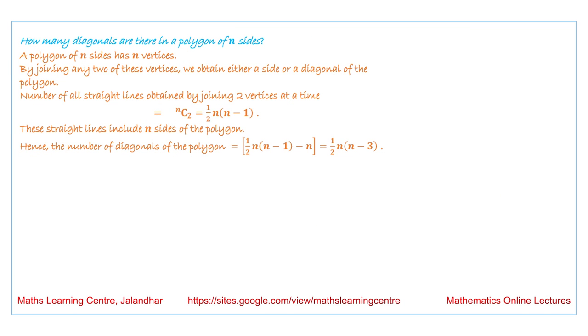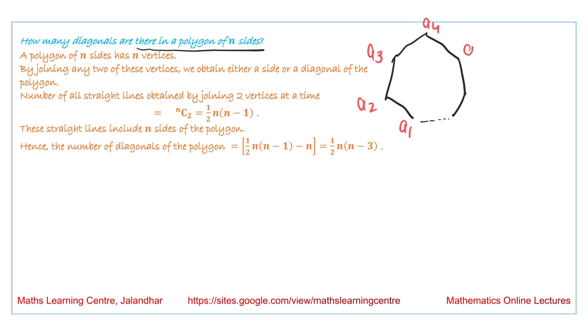Now the next question we have is, how many diagonals are there in a polygon of n sides? So suppose we are talking about a polygon in this way, and it has n sides. We are naming these vertices as A1, A2, A3, A4, A5, A6, and suppose this vertex is AN.